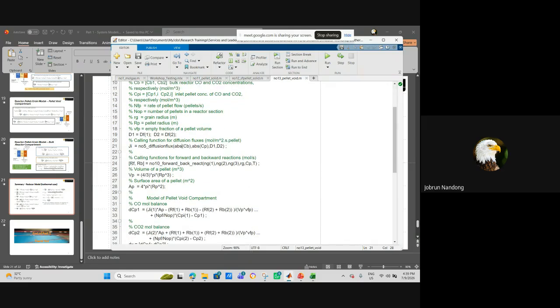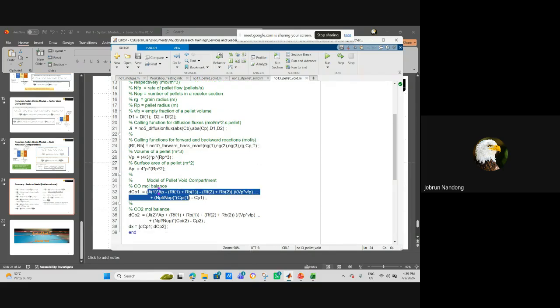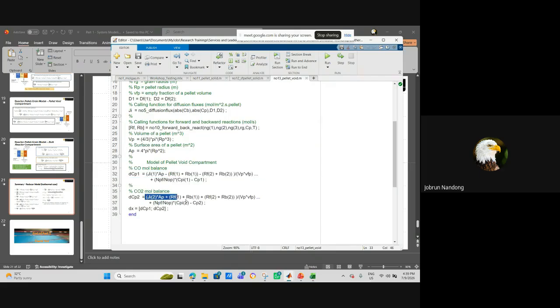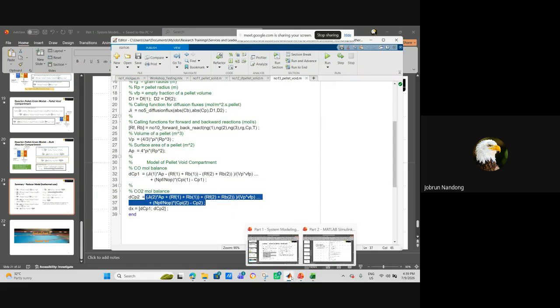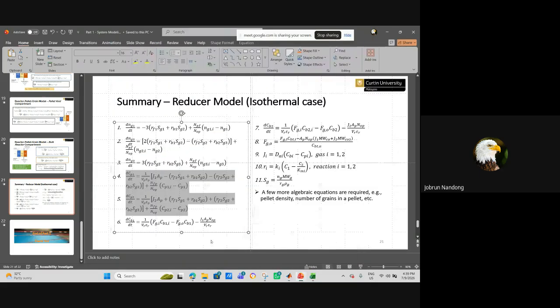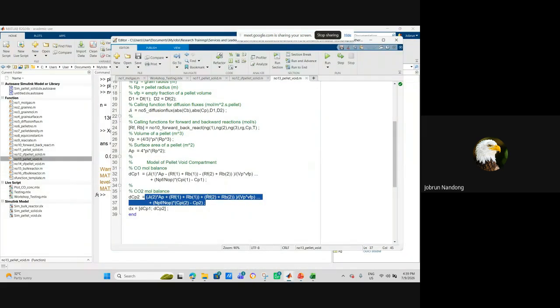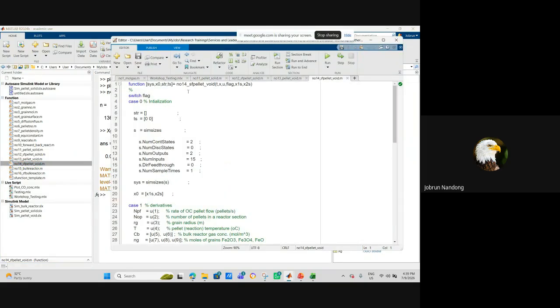And then you're calling a function also for the backward and forward one. This is what we created before. Then after that, we can just write this equation. This equation is based on this one. Then after that, we create another bridge for that. Okay, this is the bridge for that.